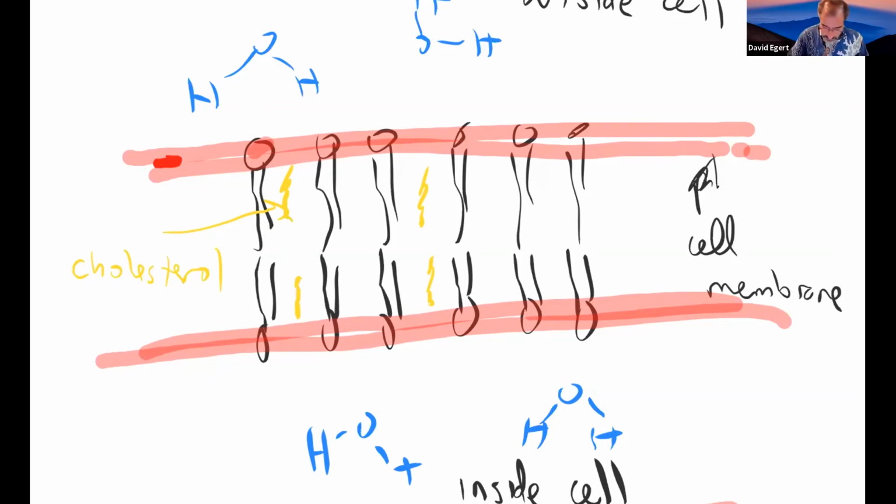In fact, let me use my little type tool. We are going to talk about, make it a little bigger. So let's talk about what things can cross without help, what things need help. What kind of things do you think could go across the membrane without any help at all?